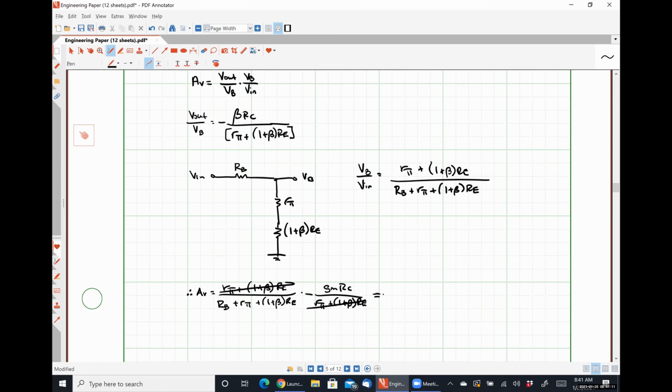Those two guys cancel each other out, and I'm left with negative gm RC over RB plus R pi plus (1 plus beta) RE. So what effect does including that base resistance have on our voltage gain?